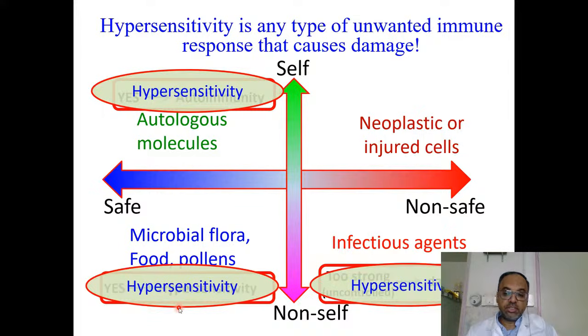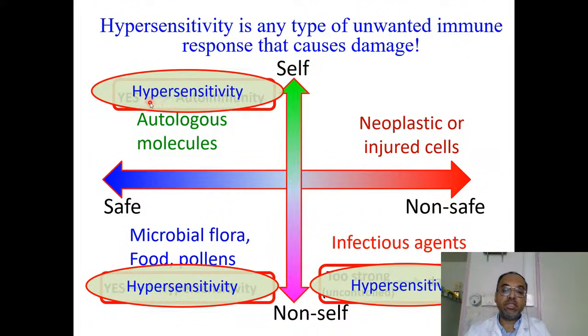So this is the first thing that I wanted to teach you today, that hypersensitivity in the narrow sense of the term only refers to immune response against things which are down here, the ones that are located on the safe non-self side. But in the broader sense of the term, you can have hypersensitivity here.